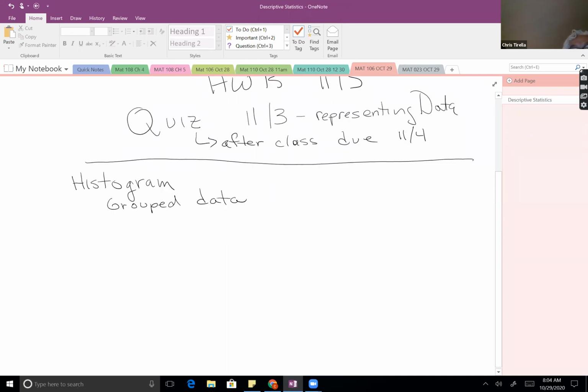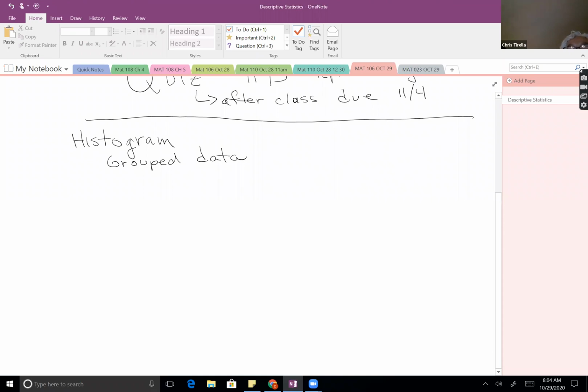In terms of looking at grouped data, I want to make a histogram for the data that we had for birth dates. I'd like to recycle the frequency distribution that we had. And so we had dates and frequency.